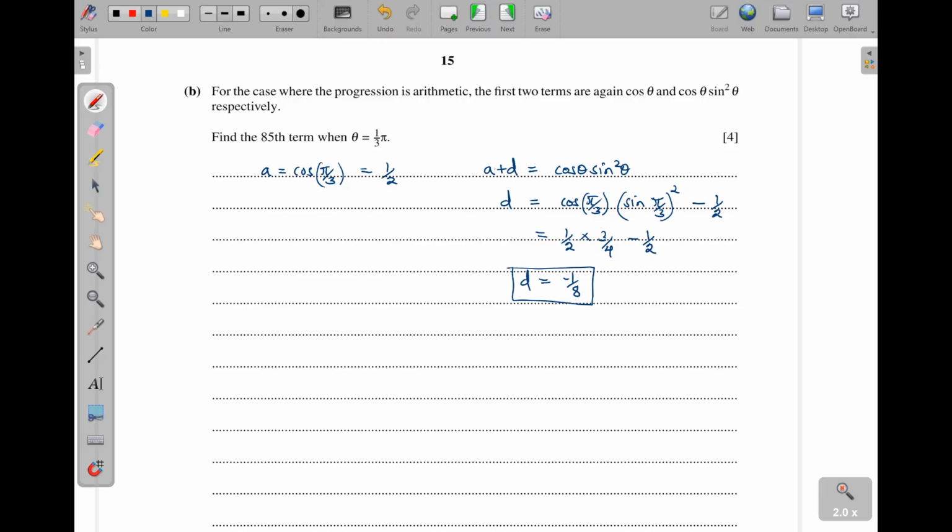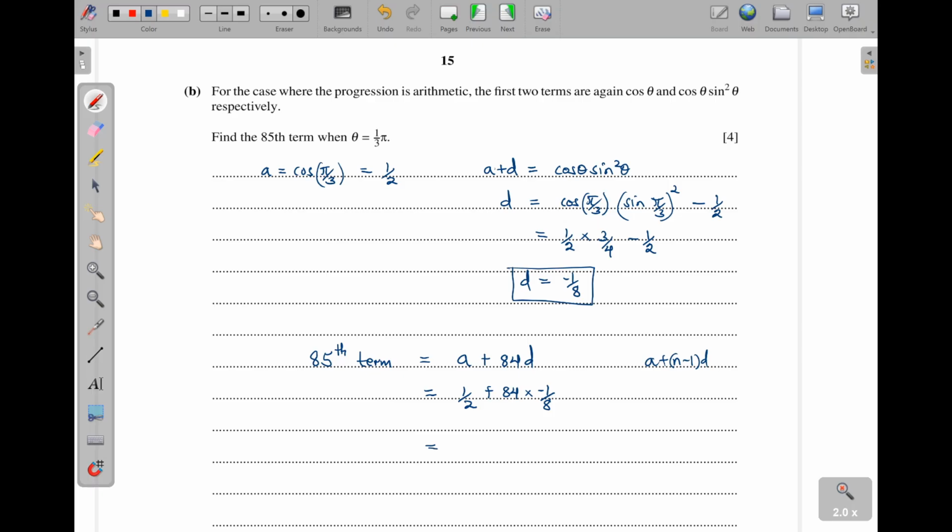Now, the 85th term shall be equal to A plus 84 of D. Remember, the nth term of an AP is A plus n minus 1 D. So our A, remember, is a half, then plus 84 times the D, which is negative 1 over 8.